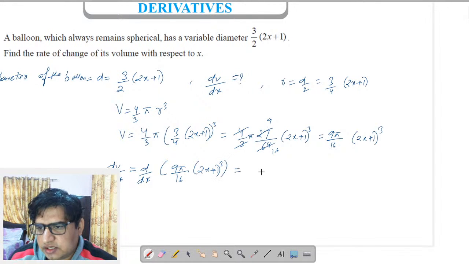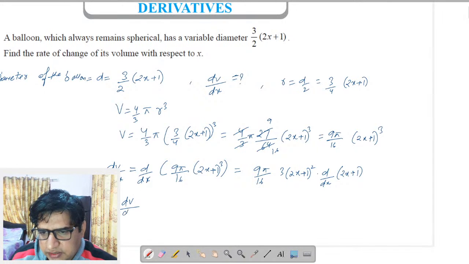So 9 pi by 16 will be taken out common, and this we can differentiate by using the chain rule. This will be 3 (2x + 1) square and dot d by dx of (2x + 1).